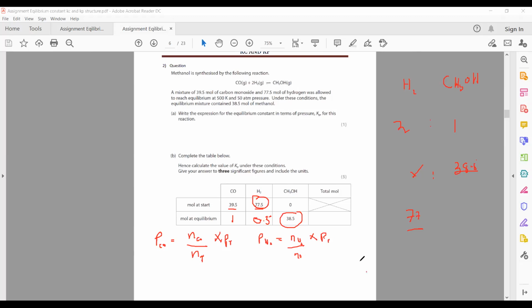And the partial pressure of methanol, which is also in vapor state, is the number of moles of methanol at equilibrium divided by the total number of moles, multiplied by the total pressure. You get the partial pressure for each and then just substitute in the expression for Kp to get the value for Kp. Is it clear?